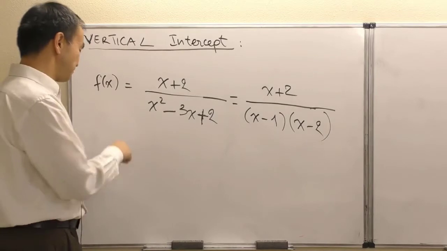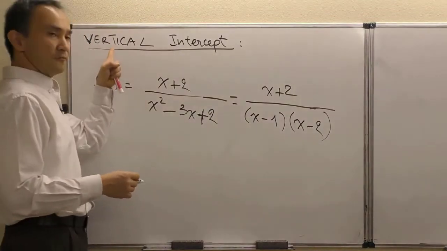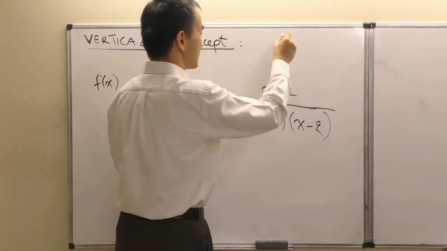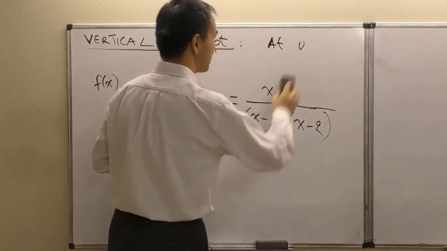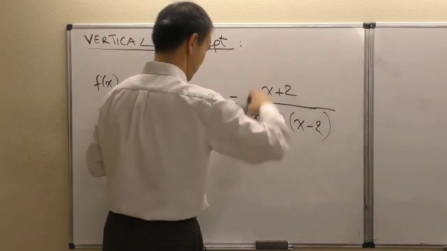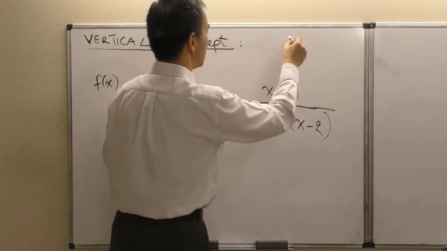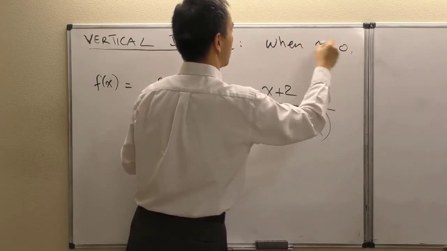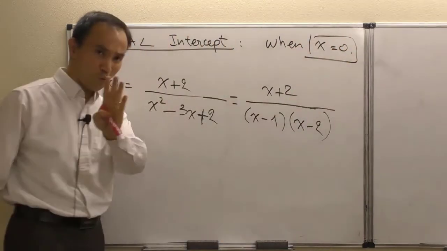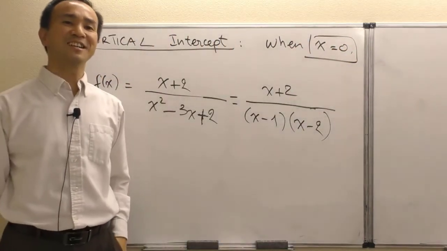So now, again, we have a vertical intercept when x equals 0, when the horizontal value equals 0. That's one thing we know for sure.